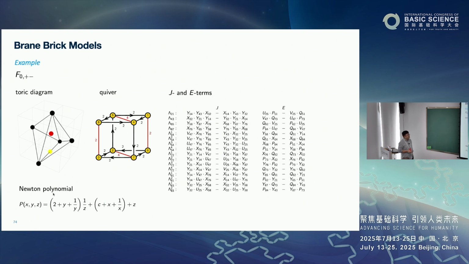Any other questions? Yeah, so I can get rid of 4 variables in total, and I would remain with 3 distinct complex structure moduli that are independent. But here I'm not really into complex structure moduli.